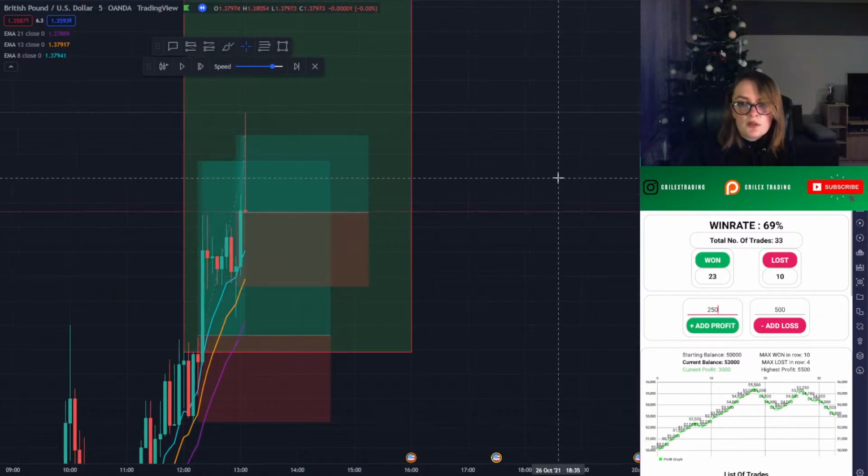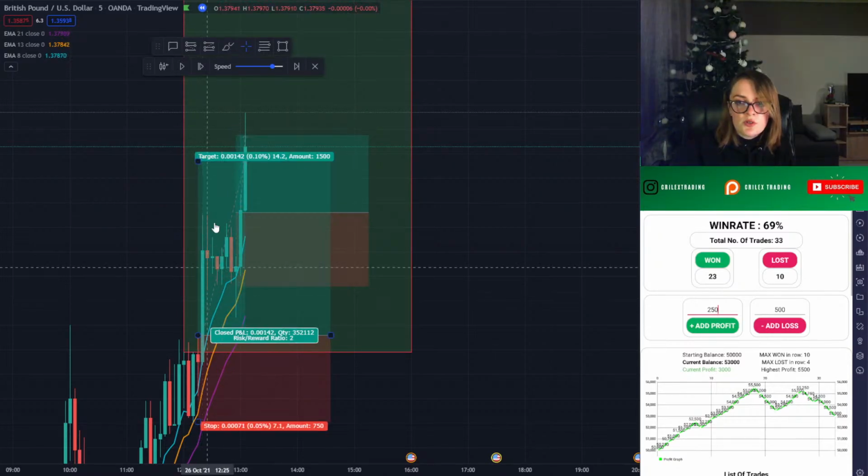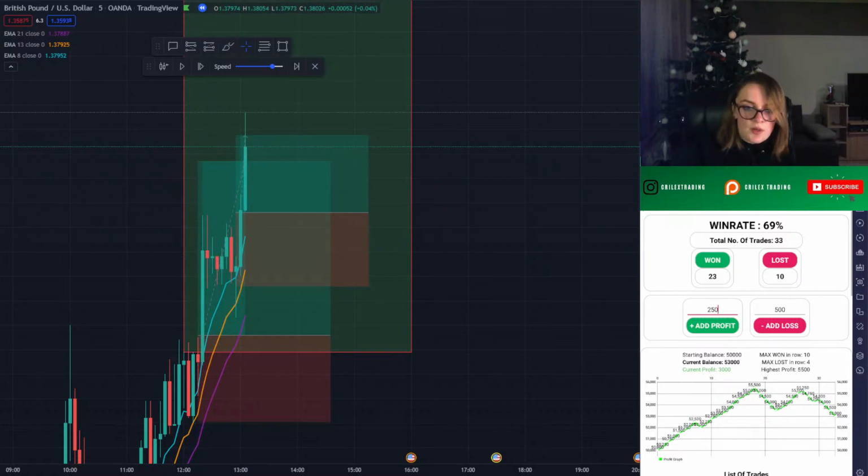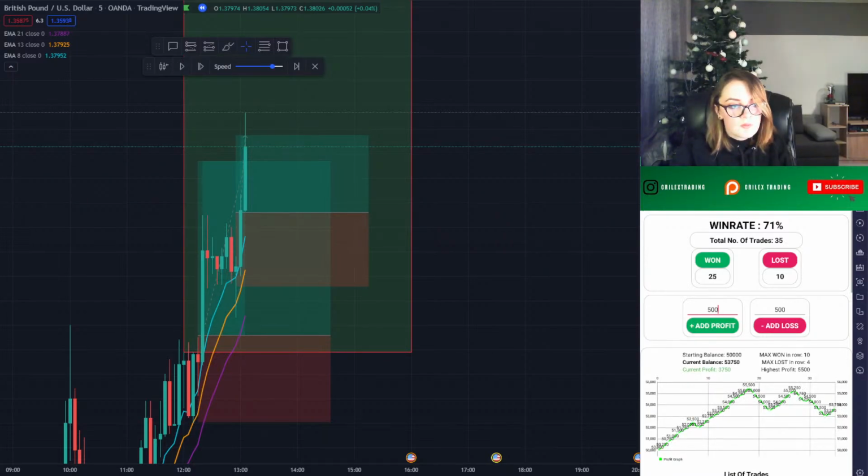The first position was fully closed with the full take profit. So the 1-to-1 will be 250, and the 2-to-1 will bring us $500. So I will mark it as a win also.